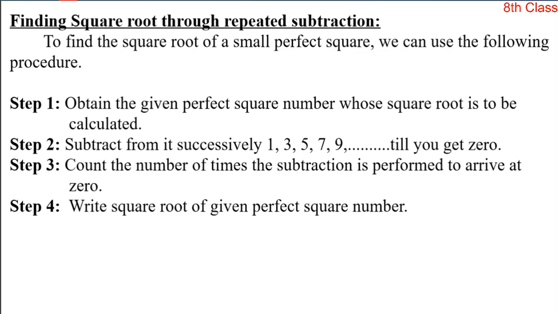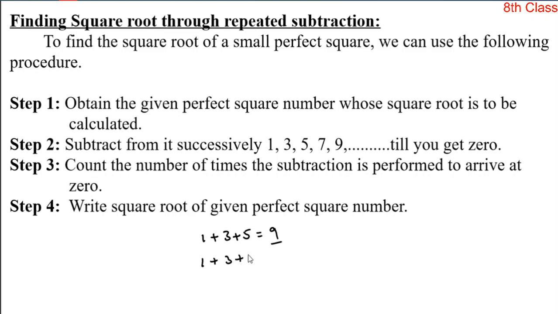When you observe the properties of squares, we have one property: the sum of the first n odd natural numbers is n square. Indirectly, we are using that property to find the square root of a perfect square number. For example, the sum of the first three odd natural numbers is 9, which is a perfect square number.